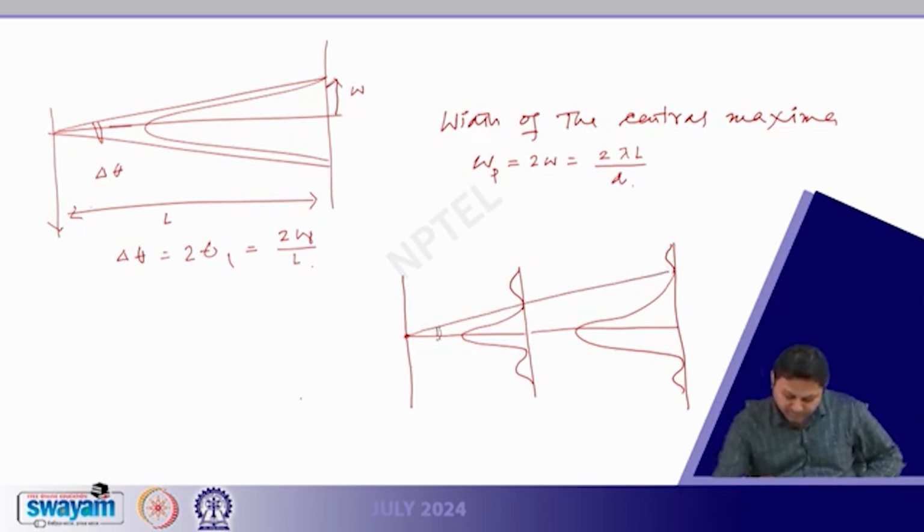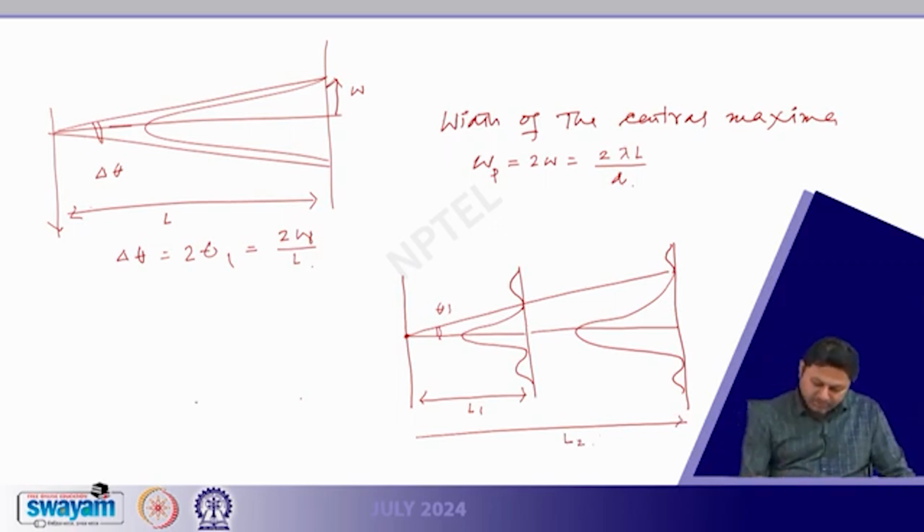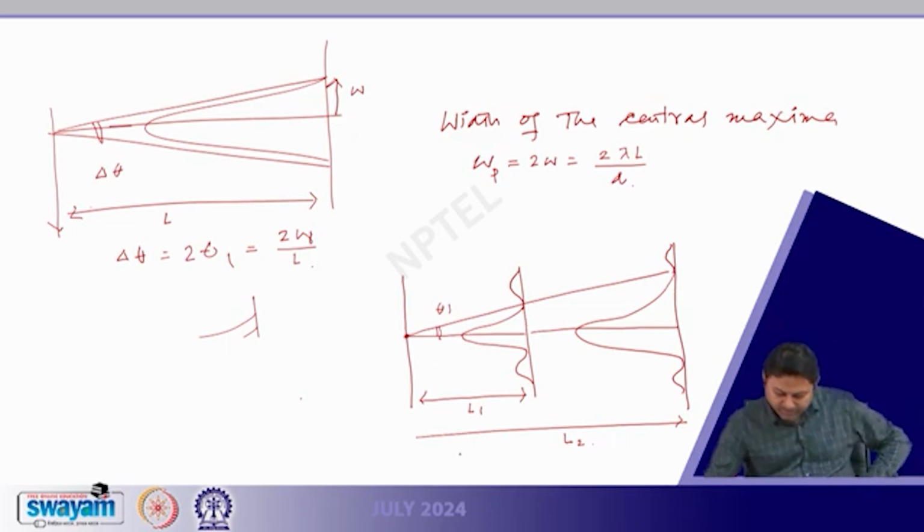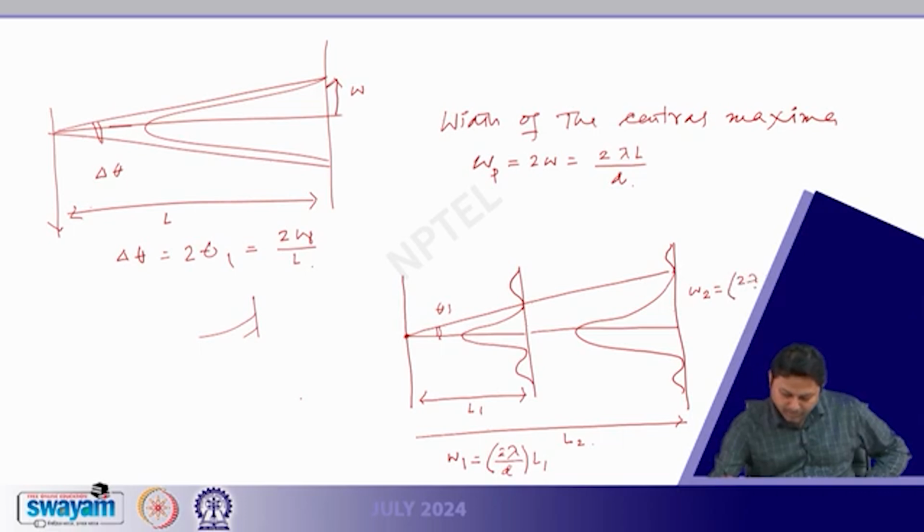This is my theta 1. If this is the first distance L 1, and this is the distance L 2, the width here W 1 will be 2 lambda divided by d, which is constant, multiplied by L 1, and here W 2 will be 2 lambda divided by d multiplied by L 2.